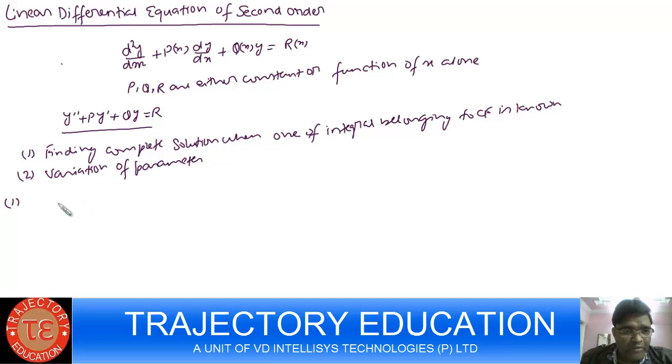Suppose you know one of the integrals. So your CF will be of the form C1 f1(x) plus C2 f2(x). f1(x) and f2(x) are your integrals belonging to a complementary function. So let's say we know one of the integrals.